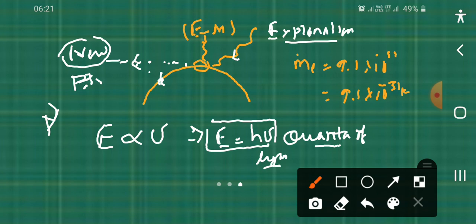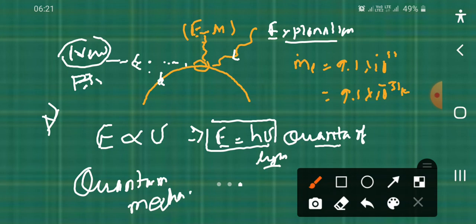And this is the main cause of the generation of quantum mechanics. And quantum mechanics is very useful to explain the three-dimensional atomic model, and I hope that this concept is clear to all of you.